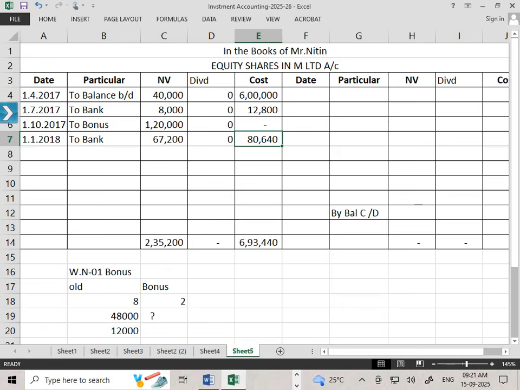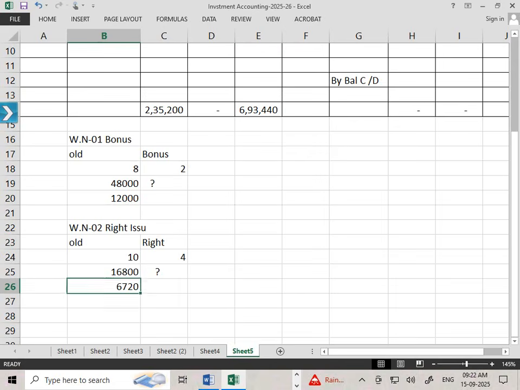Okay, 80,640. So suppose out of this right, out of this 16,800, he applied only for 50%. So 50% of 16,800 is how much? 0.5 multiplied by how many shares? 8,400.